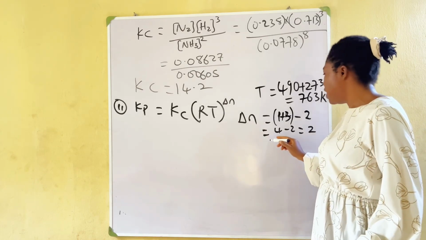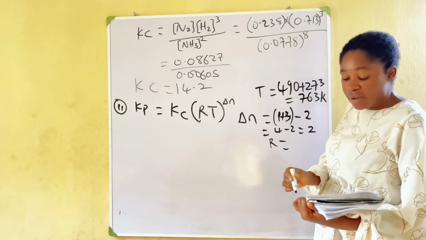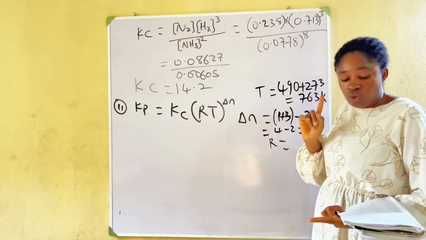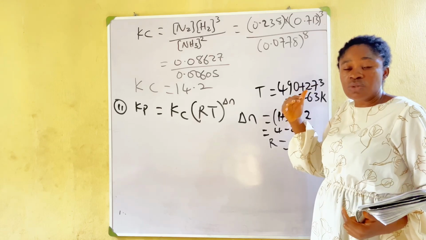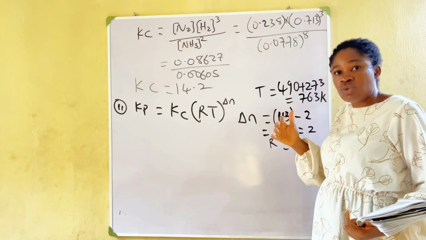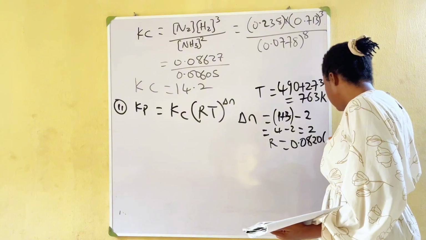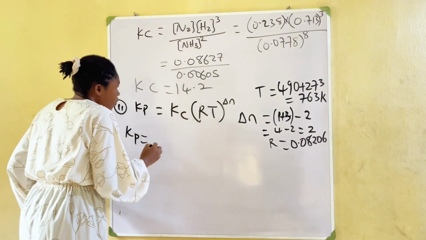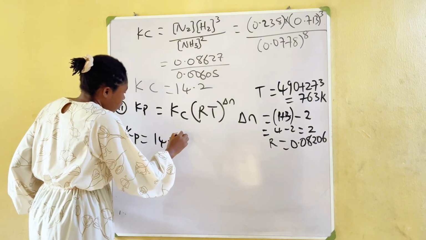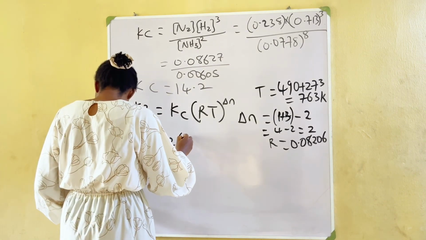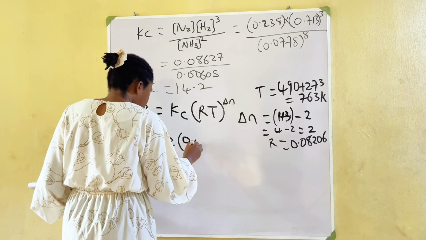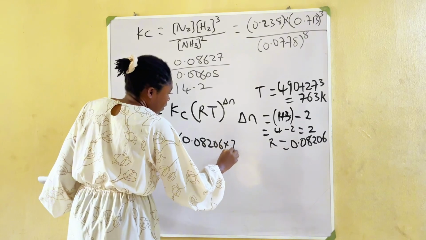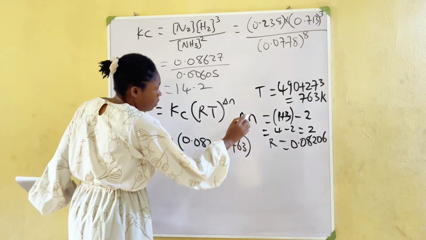For the gas constant here, unless they give the pressure in Pascal or kilopascal, if you are not given the pressure in kilopascal or Pascal, always use 0.08206. Okay, so I'm going to put in our values. Kc is 14.2 times the gas constant 0.08206 times temperature 763, raised to power of 2.